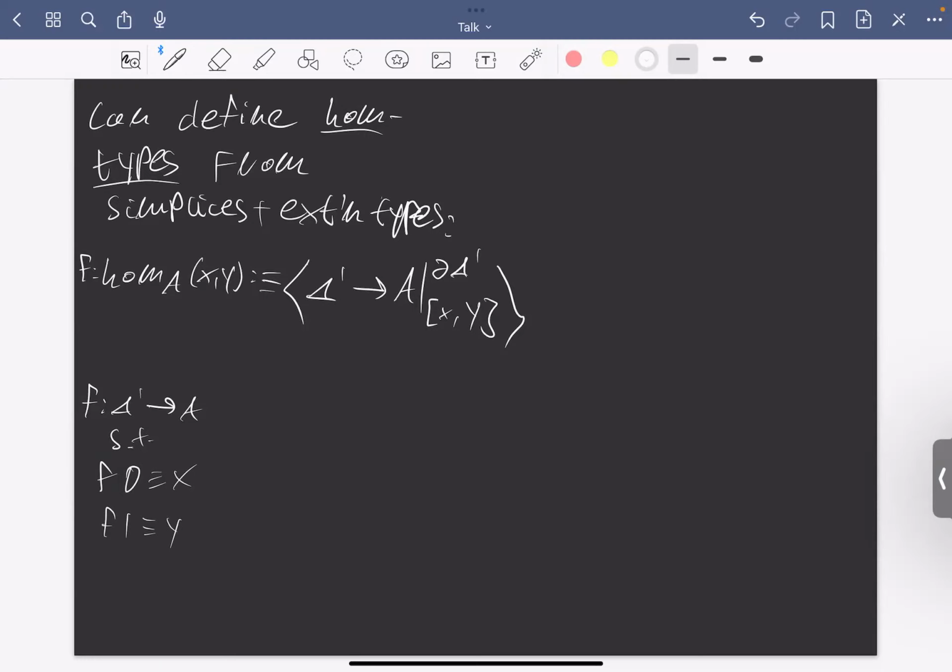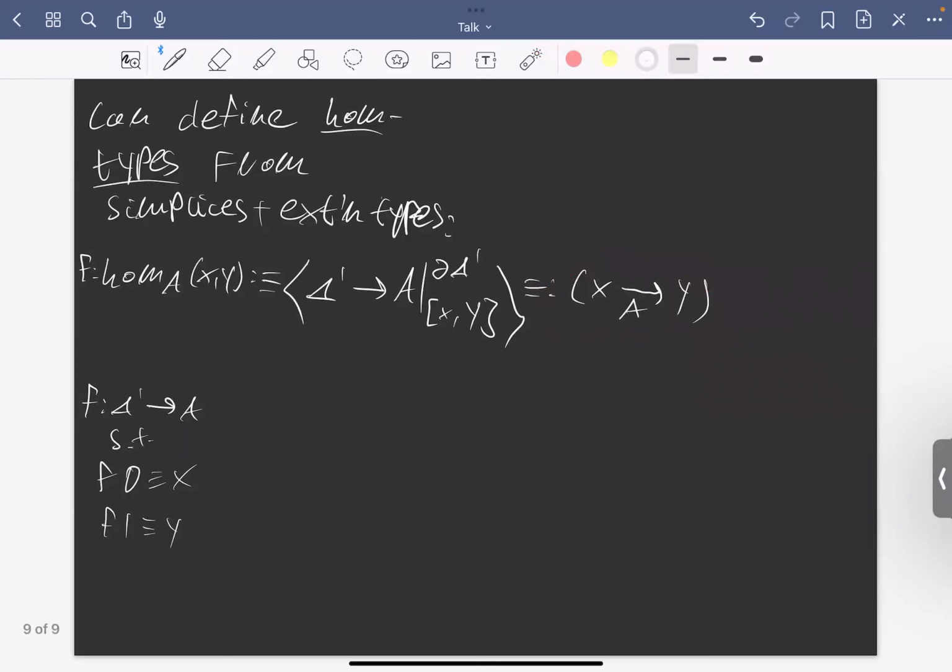And I often want to abbreviate this here with this notation. So instead of writing Hom every time, I'm writing an arrow from x to y, maybe with the type A as an index here.